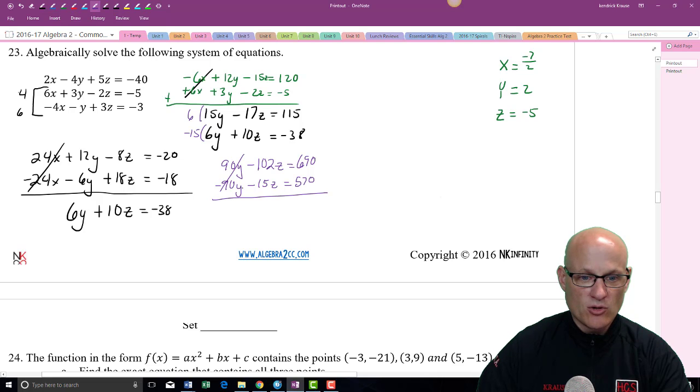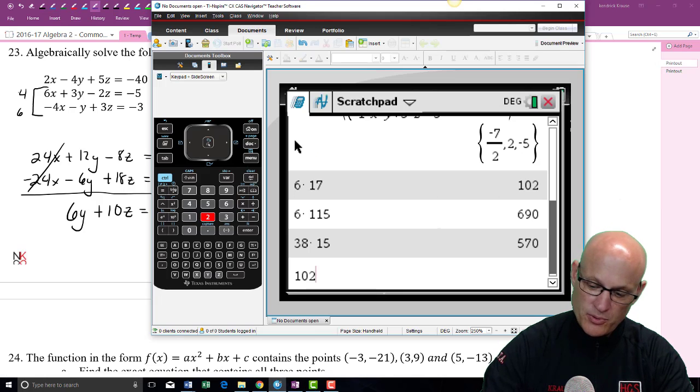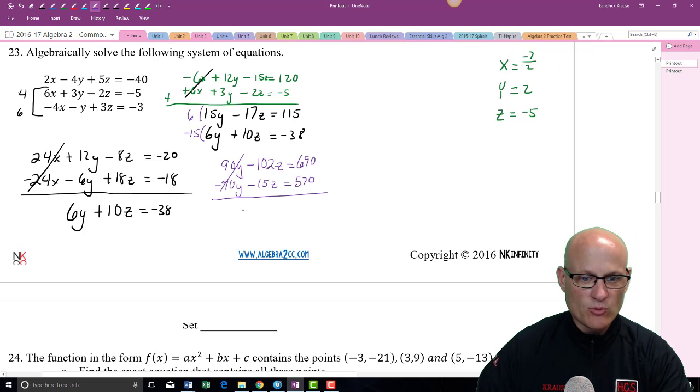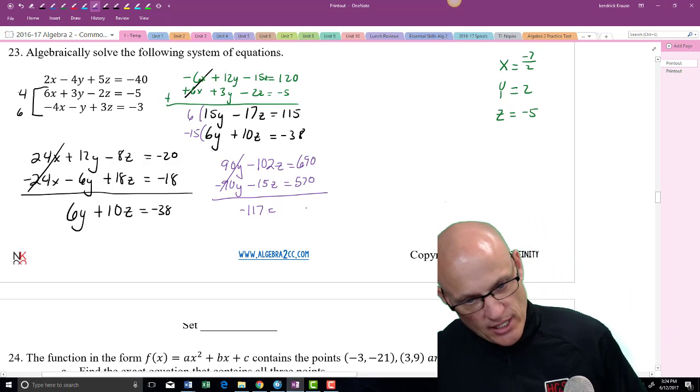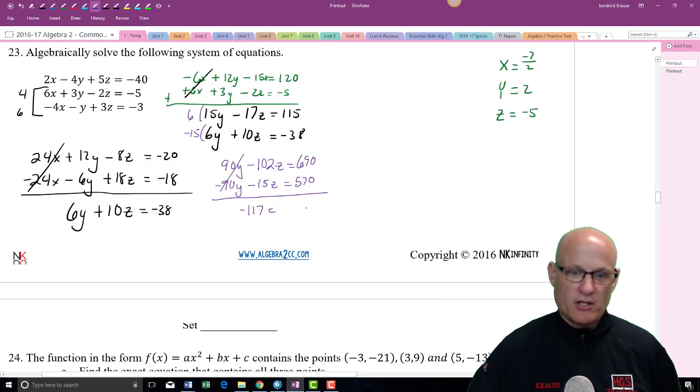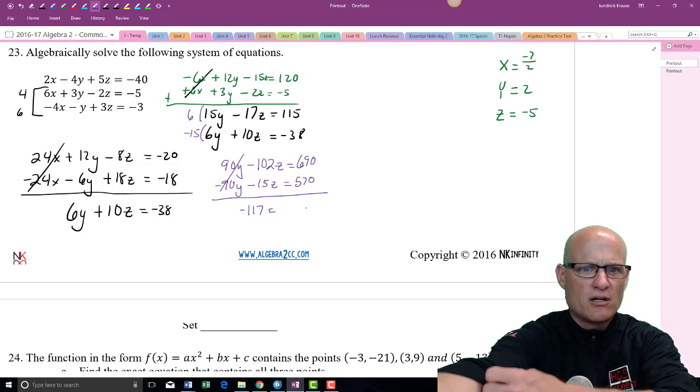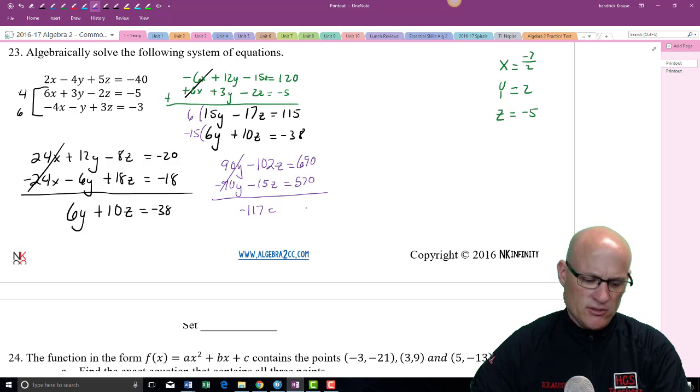Add them up. These go away. 102 plus 150. Negative 117 is equal to, this is not right. This is not right. This is not good. Oh man, what did I do wrong? 690.